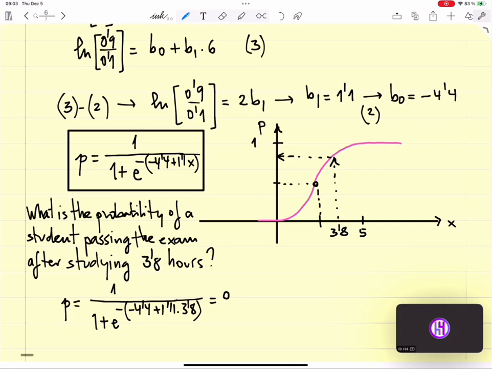Yeah, that might be correct. Yeah, that is correct, 0.44. So I need to change this a little bit.